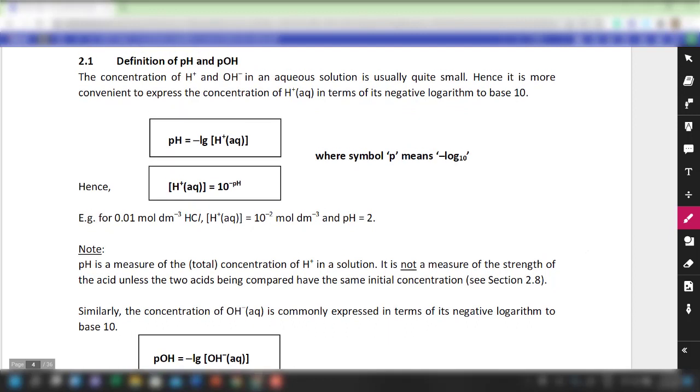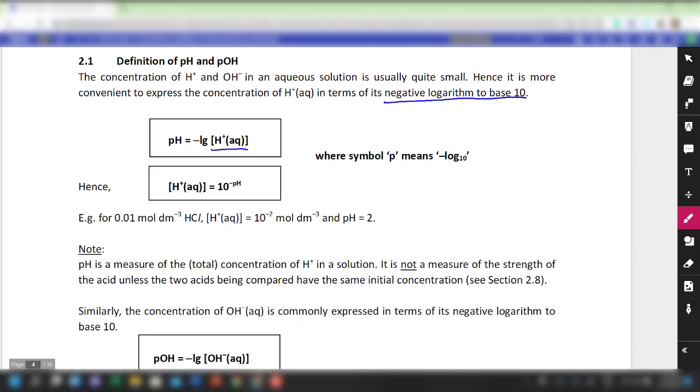Yeah, but of course, before that, we need to define what we mean by pH and pOH. Basically, when you put a p in front of either the H or the OH or even Ka, we are taking the negative log to the base 10. So pH simply means negative log to the base 10 of the concentration of H plus in the solution.